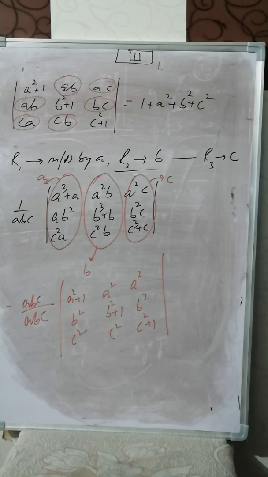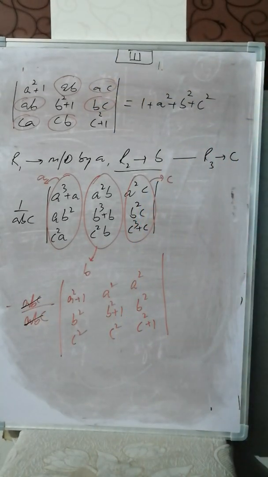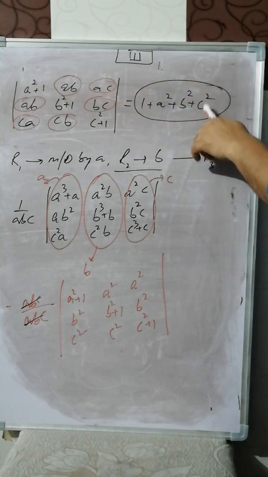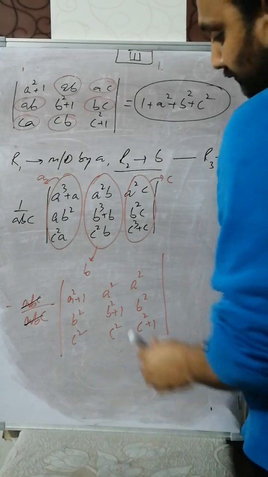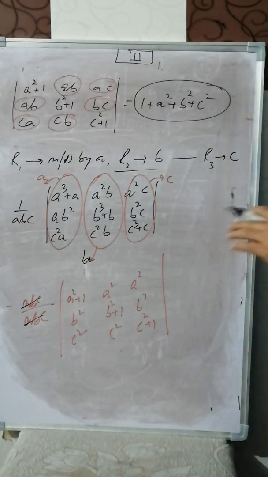Right, sir? Now this ABC and ABC will get eliminated, and now if you look at the right hand side, it's pretty much clearly visible from this determinant that you can think of an operation.